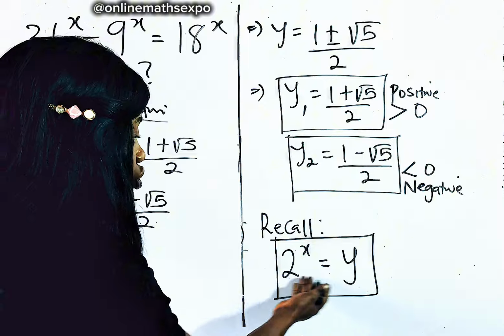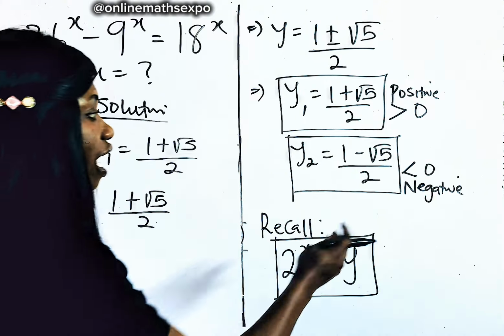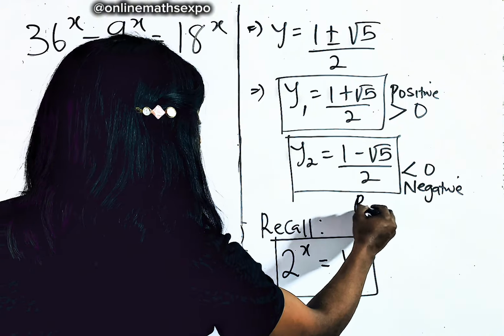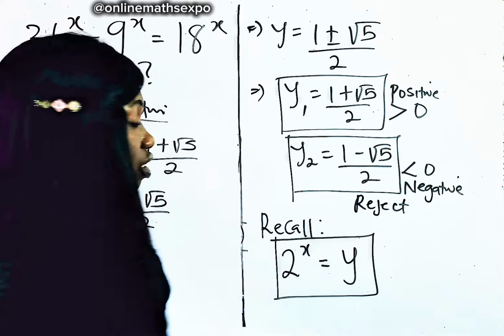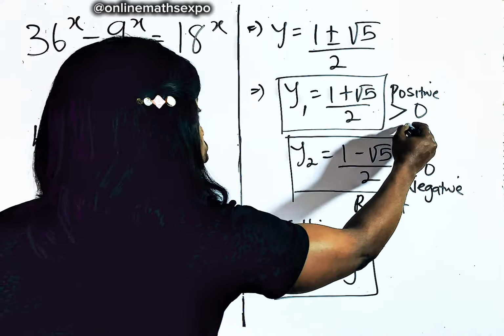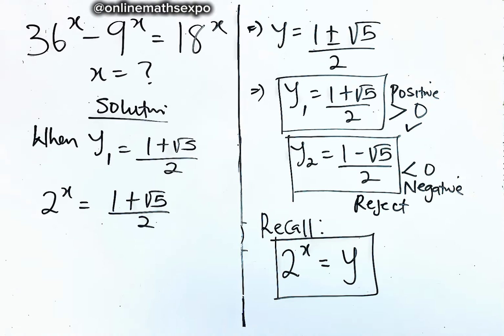So if this is true, then at this point we can reject this value of y. We are going to reject this y value because it's giving us a negative value, and we're only going to work with the positive one. I hope you're with me there.